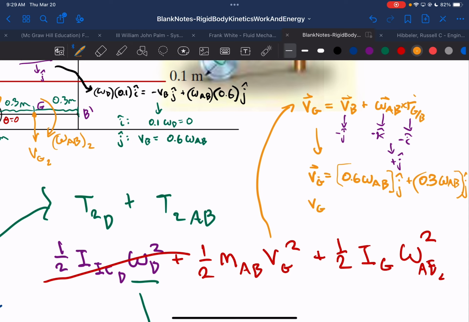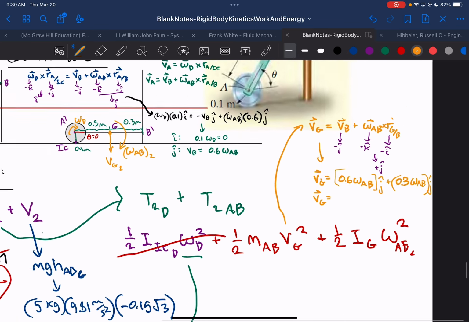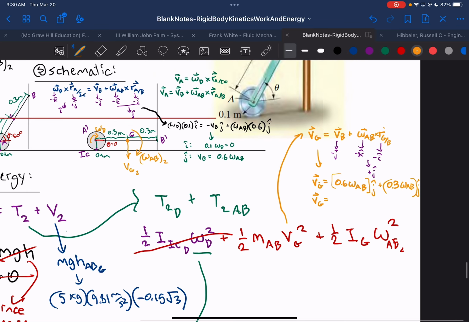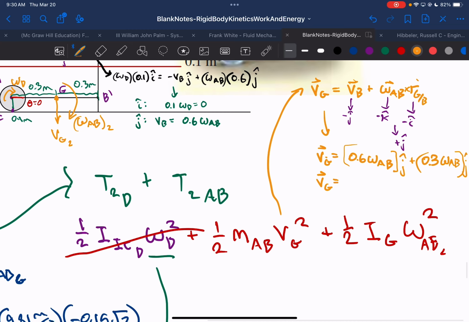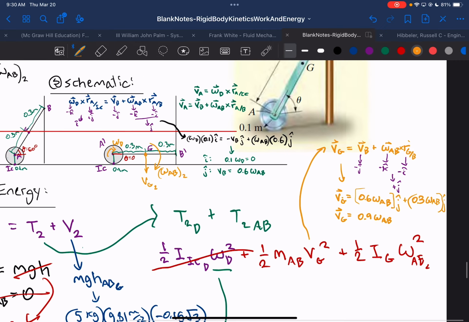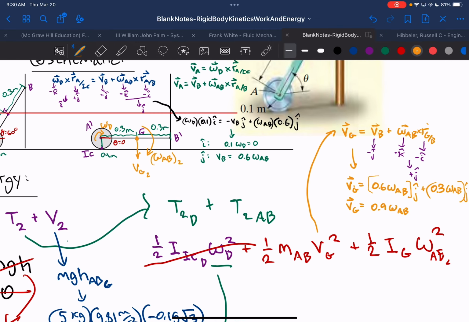If I add these two, we're going to get 0.9 omega AB, which seems a bit off to me. I remember 0.6 omega AB when I was doing this question.